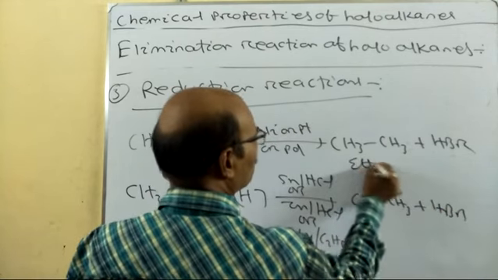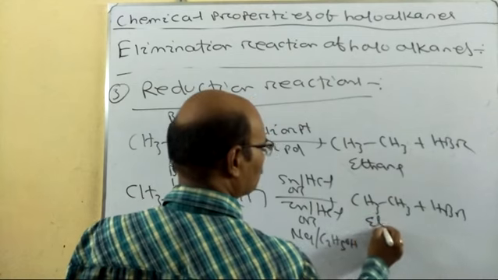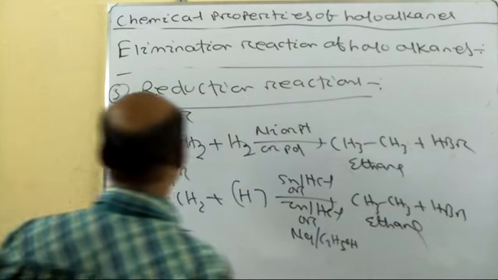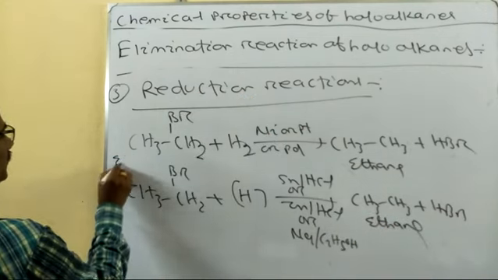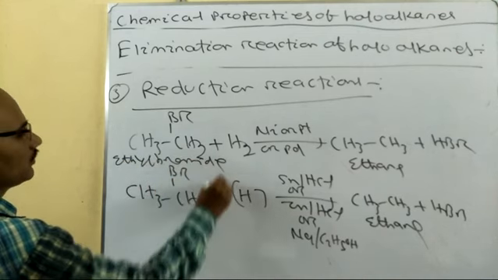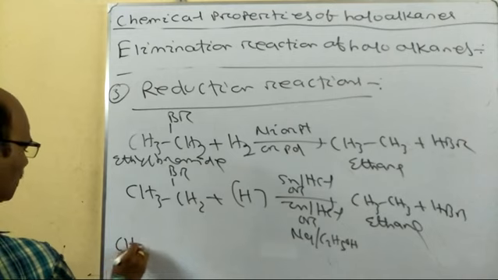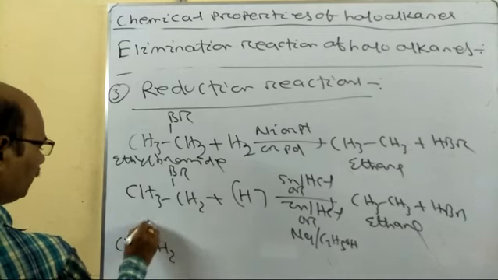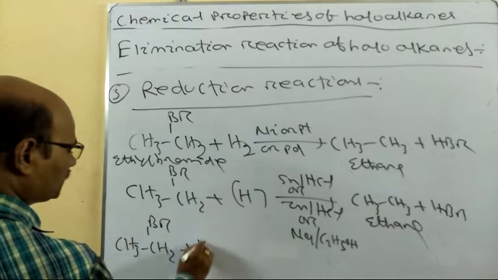This is ethyl bromide. Now also I can take CH3CH2Br plus HI with red P.